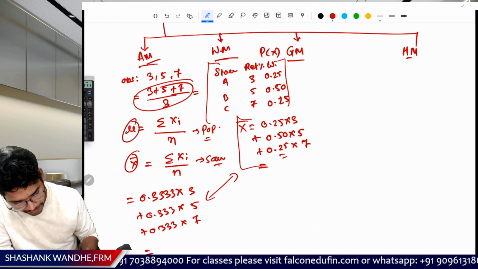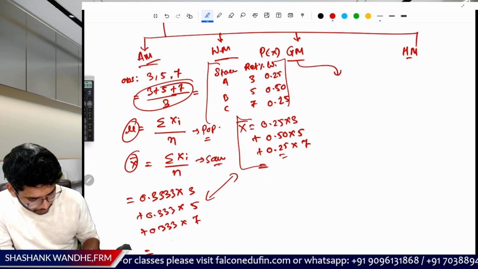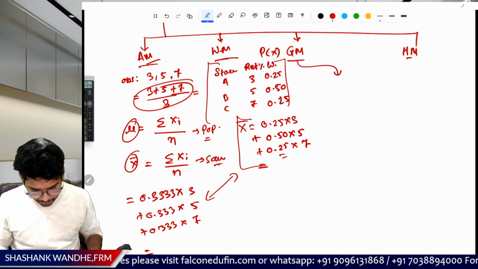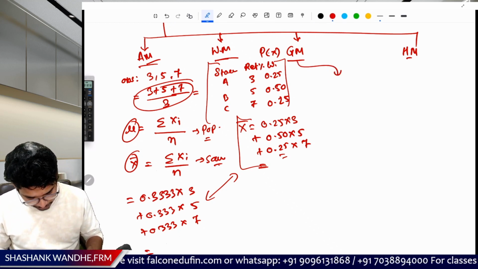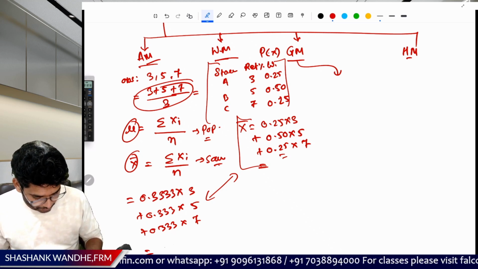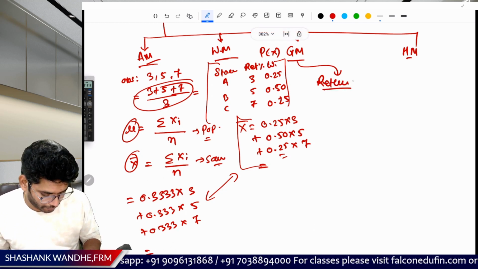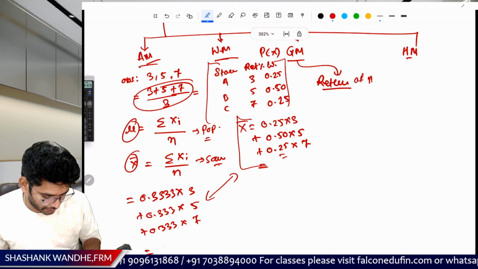Now we have the geometric mean. The geometric mean is used for the calculation of return of multiple periods.